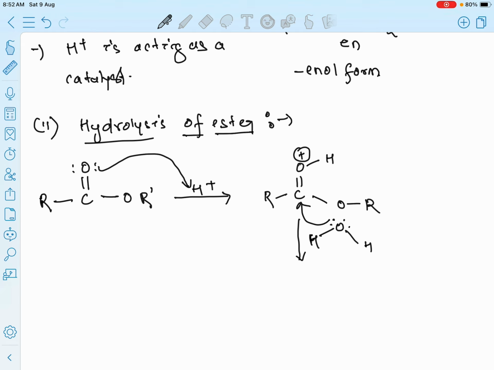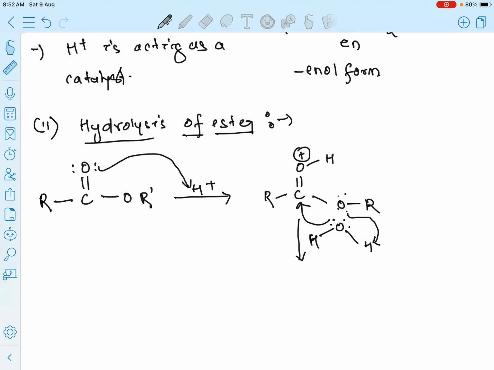Slowly the carbon-oxygen bond will be formed, and this oxygen has the tendency to attract this H plus.